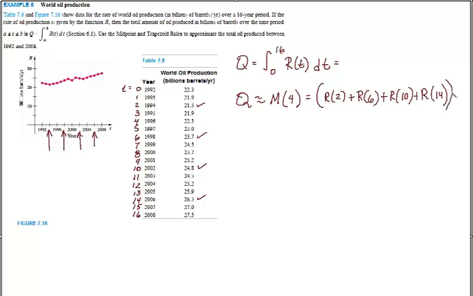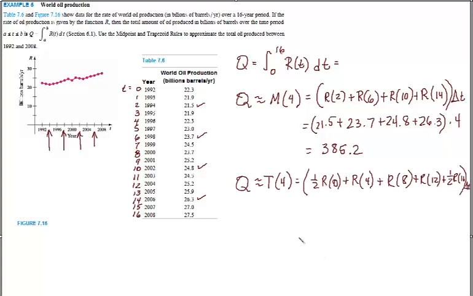Those are my heights, and I'm going to multiply by the widths. The width is delta t, and since I am dividing the 16 into 4 subintervals, delta t would be 4. So when you plug all of these in, I'll get 385.2, which is just each of those heights times that width and adding them up.